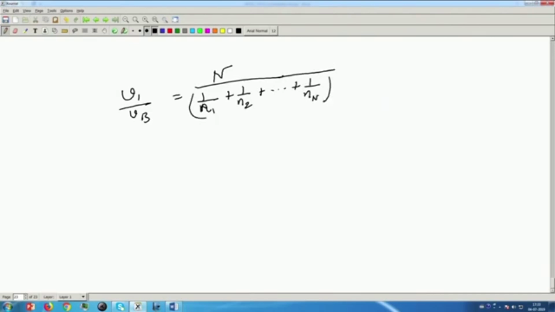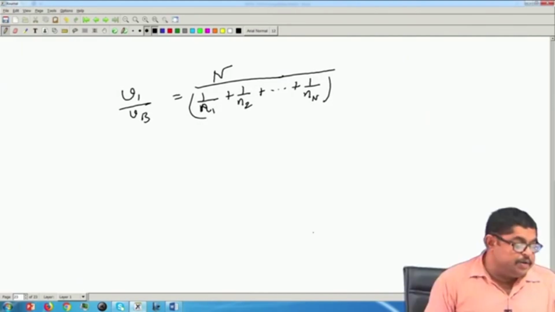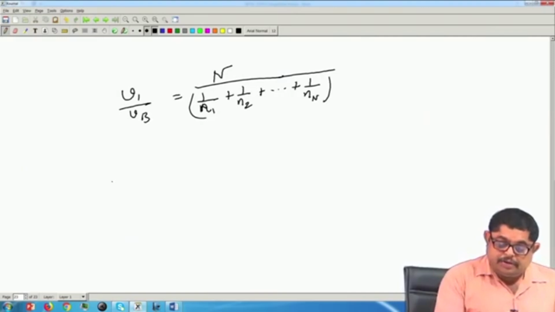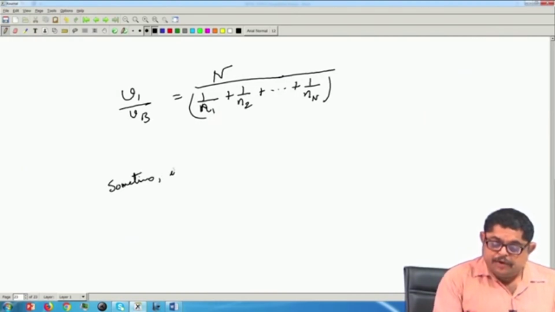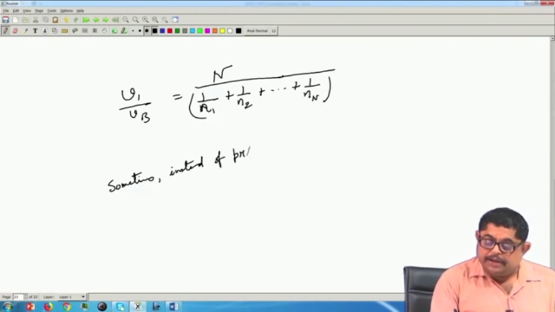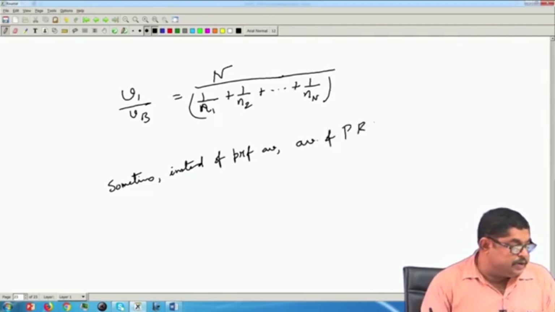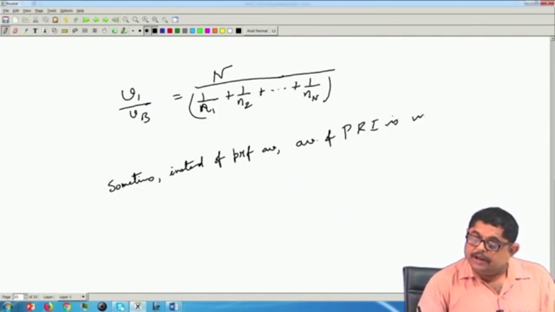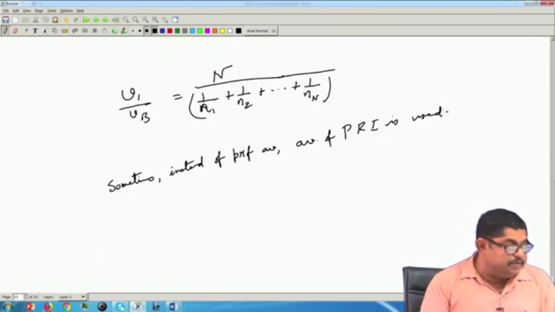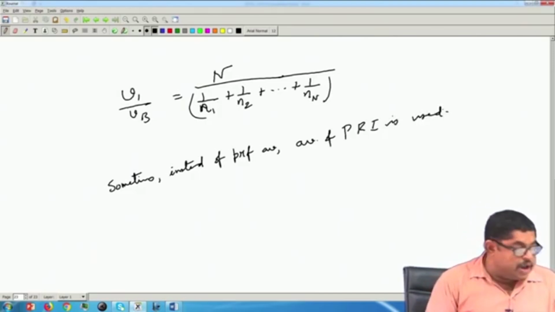Now, sometimes instead of the average of PRF, the average of PRIs is used. In that case, the formula is slightly different. So, let us do that.